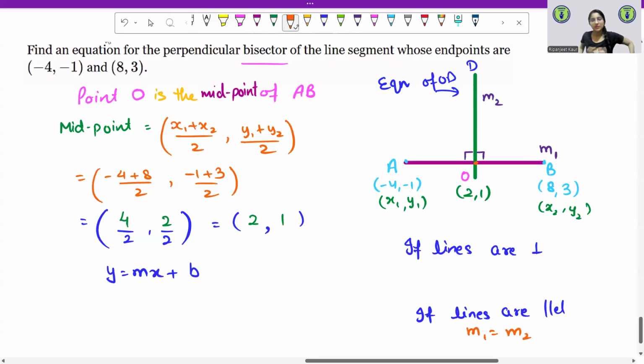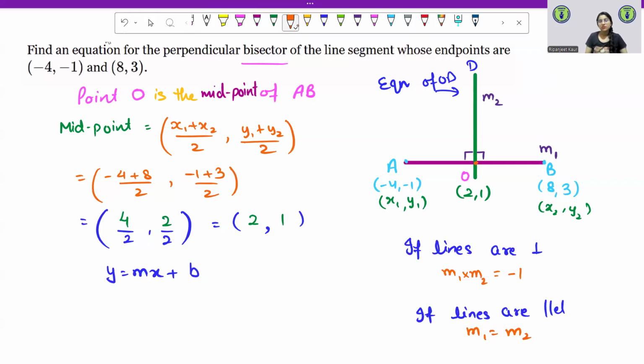But here the lines are not parallel, they are perpendicular. So what happens to the slopes when the lines are perpendicular? Their product is equal to negative one: m1 times m2 equals -1.